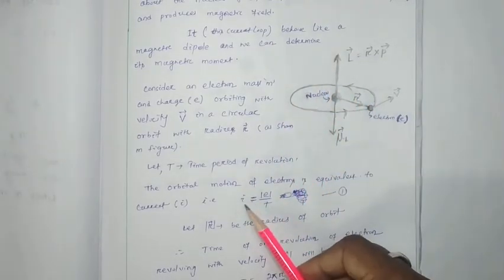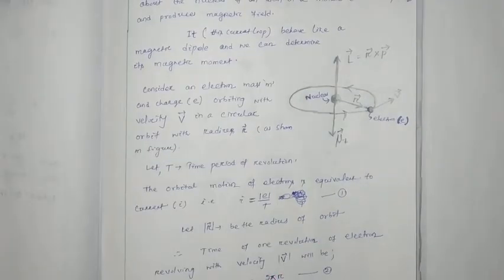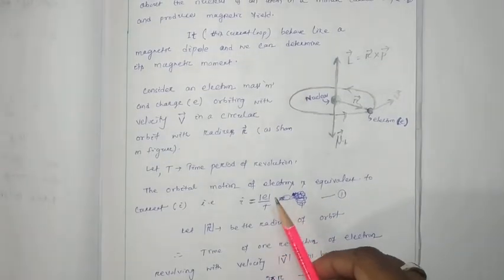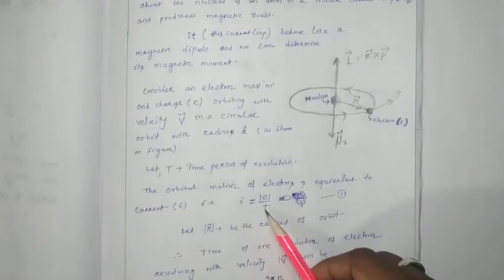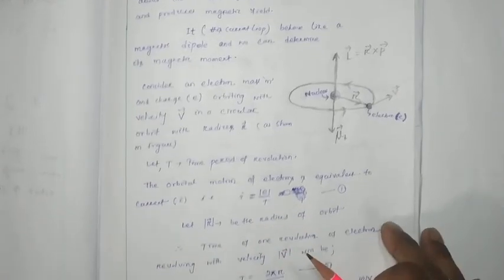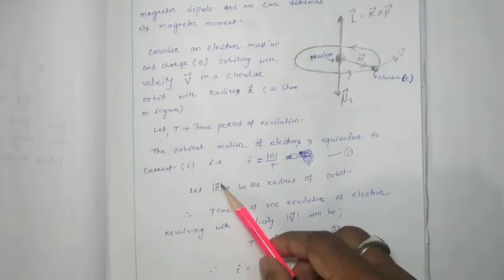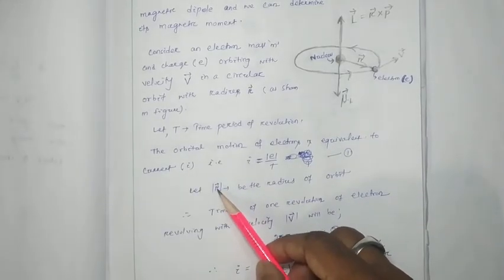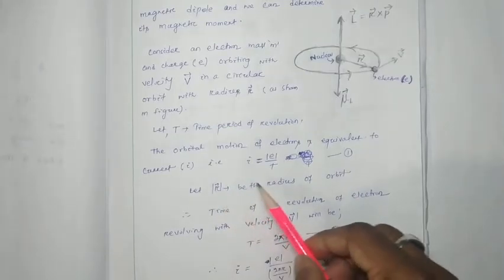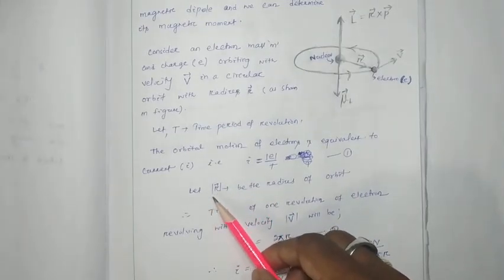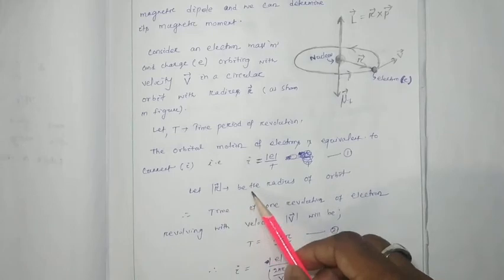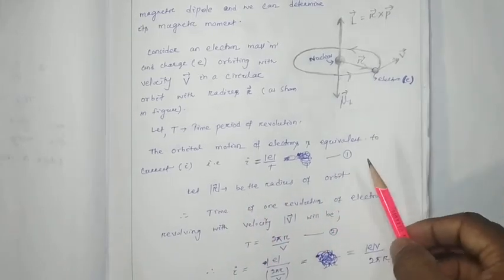So the current I will be equal to the magnitude of the charge divided by the time period. Let the magnitude r be the radius of the orbit.